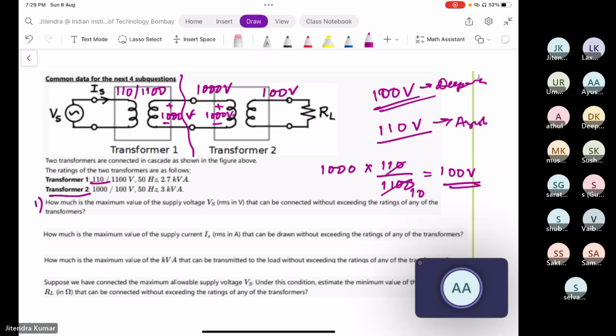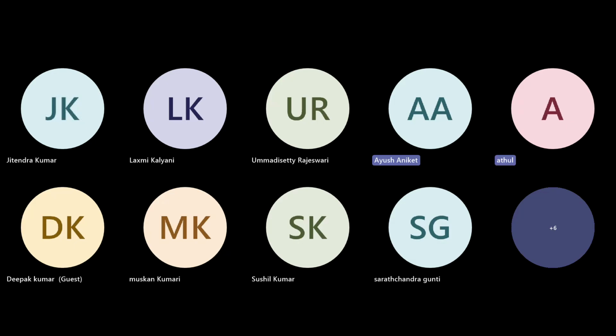From the question you can directly write that for the first transformer the voltage ratio is 110 by 1100.